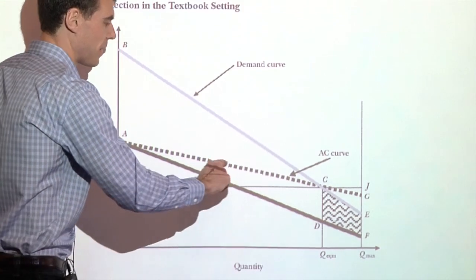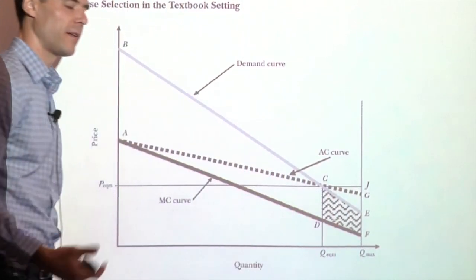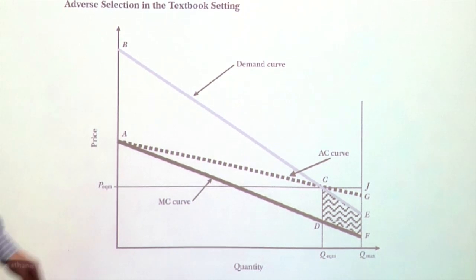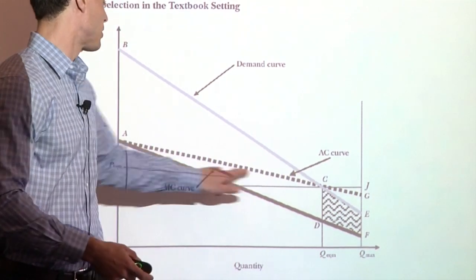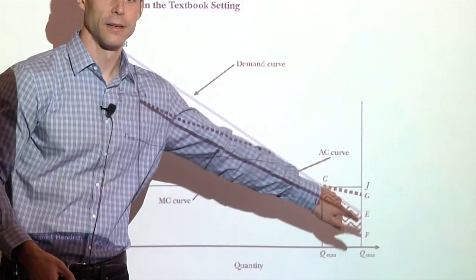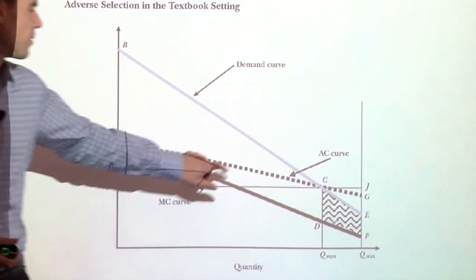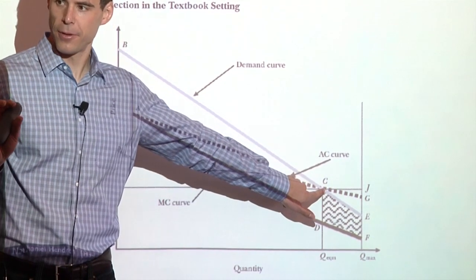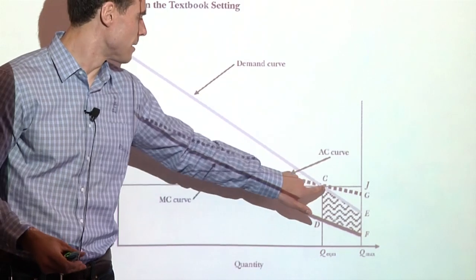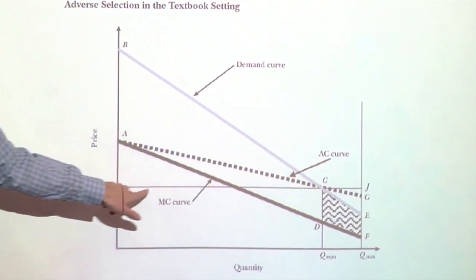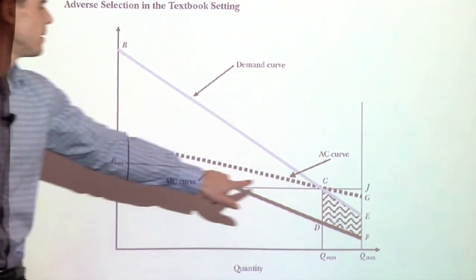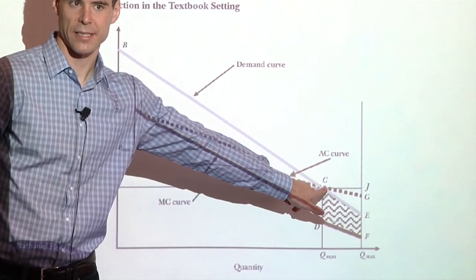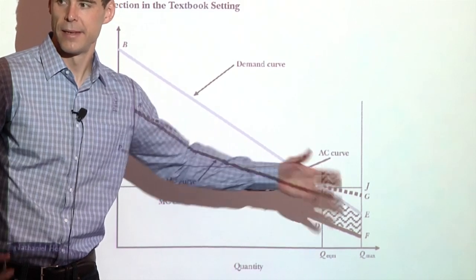And so this generates the average cost curve. And the competitive equilibrium that Akerlof proposes is just one in which the average cost curve intersects the demand curve. So profits are 0 here. So at this point here, this is the competitive equilibrium. Nobody earns any profits because the price is given by this price here in equilibrium. It's enough to cover the average cost of the people that are willing to purchase the policy, and there's no profits left over.